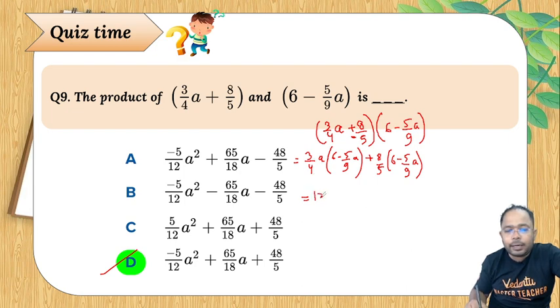Now let's solve. 3 6 18, 18/4a minus 3 5 15, 9 4 36, a into a is a square, plus 8 into 6 is 48/5, plus minus minus 8 5 40, 9 5 45, a.